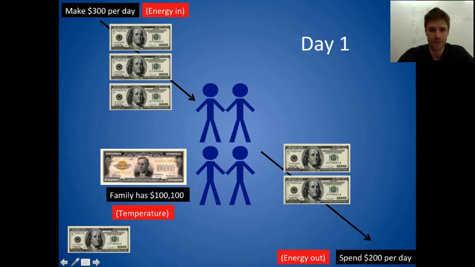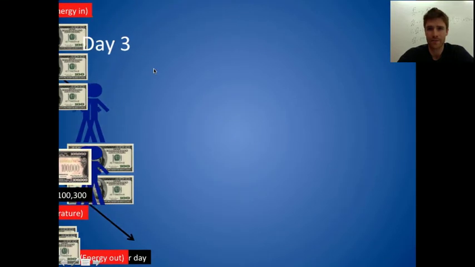We have the same difference of $100 every single day. After one day, the family has accumulated an extra $100. After 2 days, $200. After 3 days, $300. So in the analogy back to temperature, we can get an increase in temperature by decreasing the amount of energy leaving the system and keeping what's coming in constant.